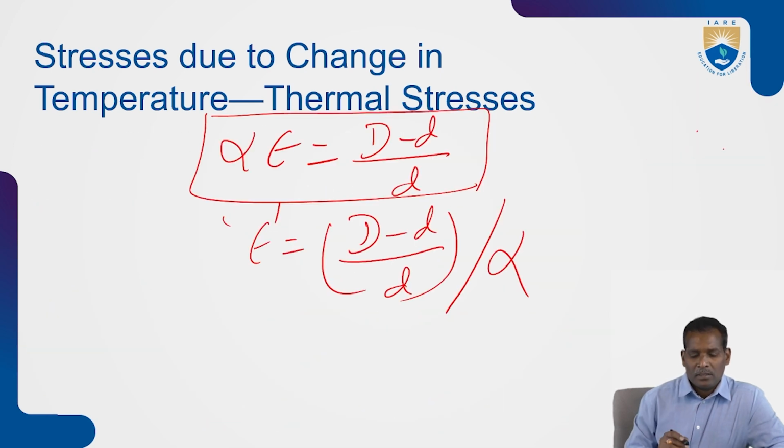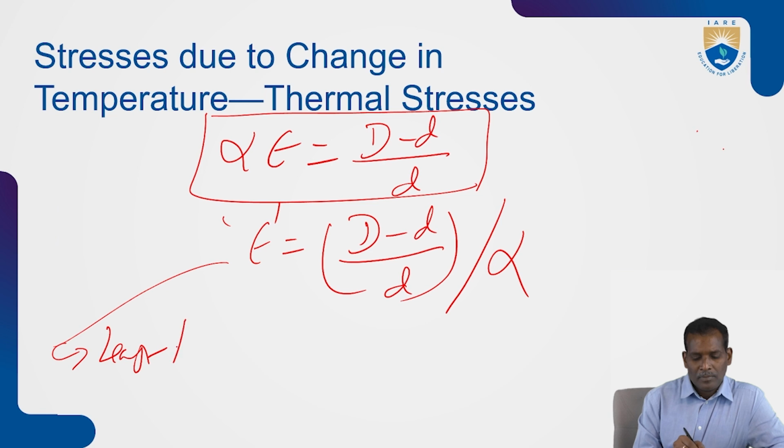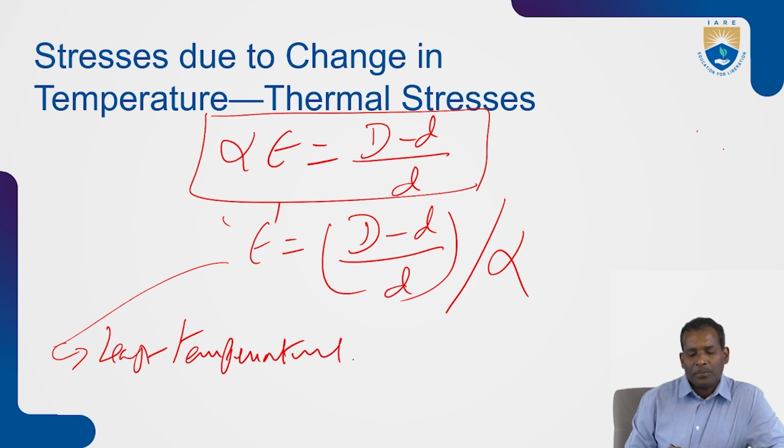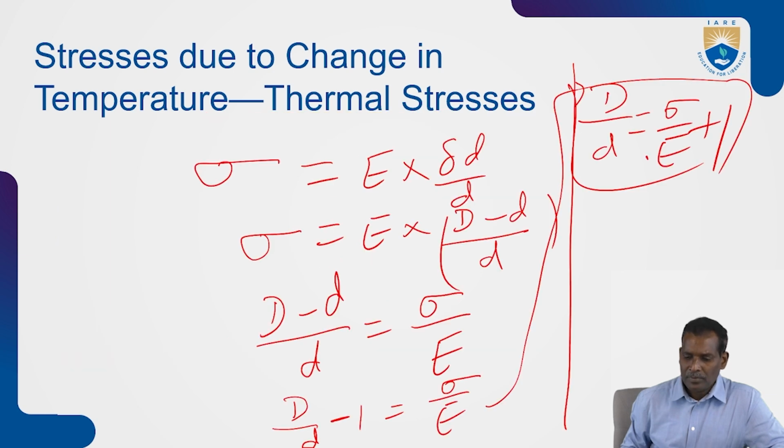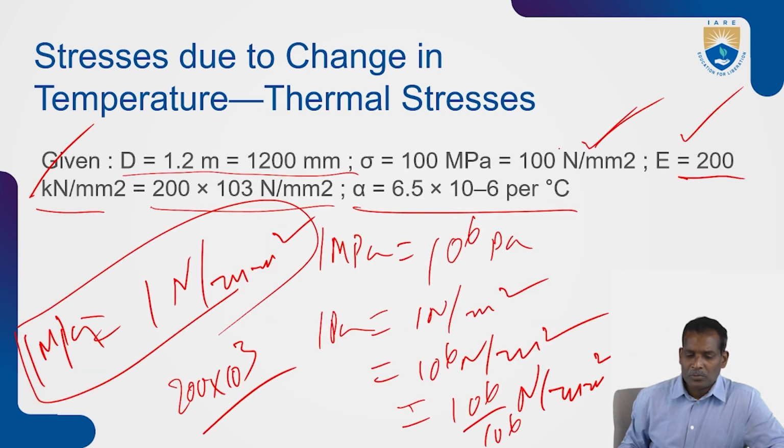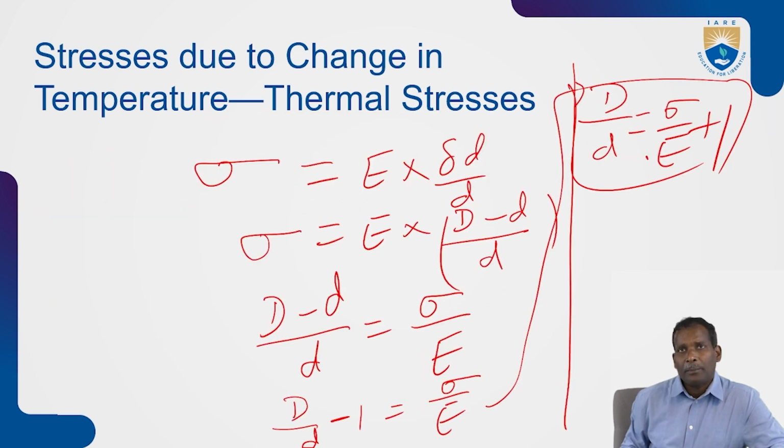So substitute in the equation. The least temperature is equal to capital D. The capital D is how much? The capital D is 1200 mm.